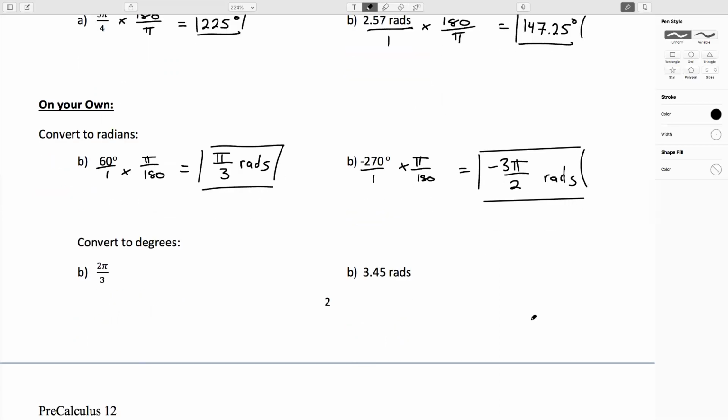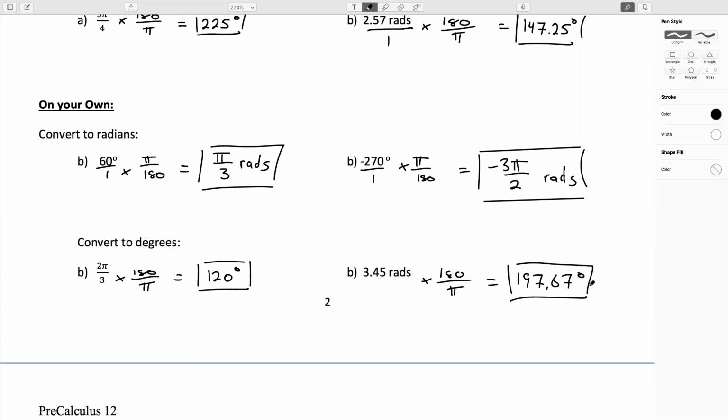Converting to degrees, 2 pi over 3 times 180 over pi gets me 120 degrees. And 3.45 times 180 over pi gets me 197.67 degrees. And so you might have noticed a trend here.